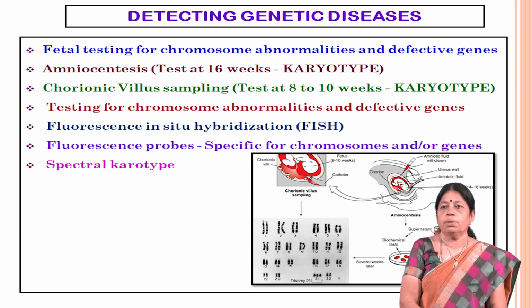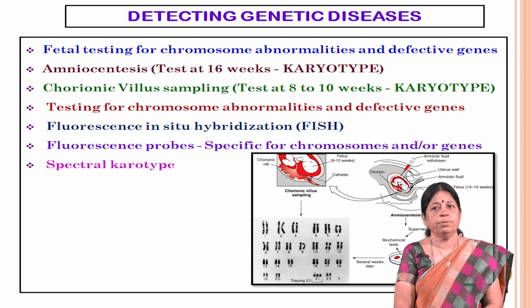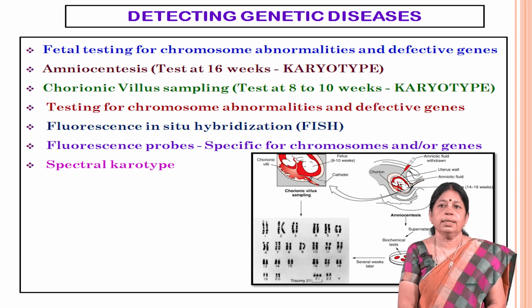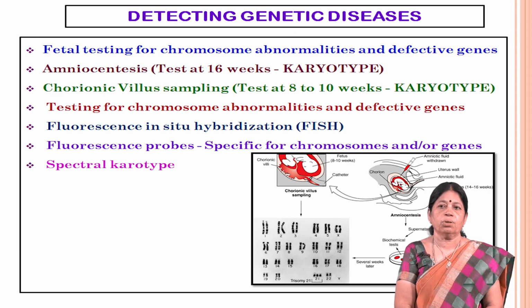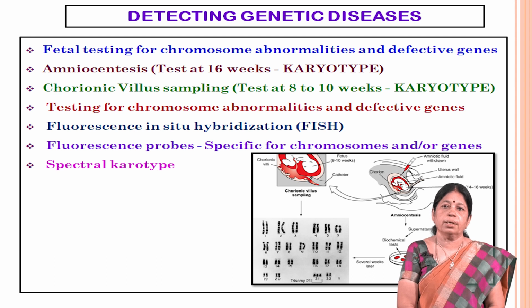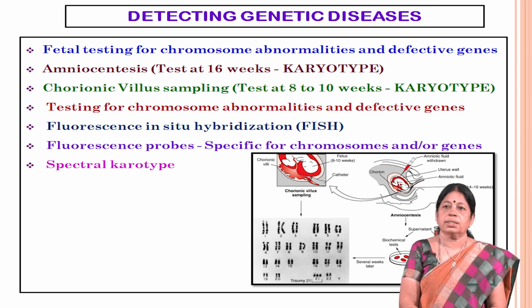What is chromosome abnormality? Usually we find the genes in a linear manner inside the chromosomes. The chromosomes are arranged in the nucleus, isn't it?